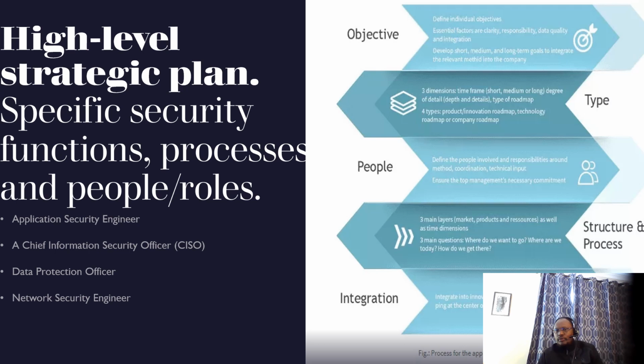The key elements required are the roles, and they include the application security engineer, the chief information security officer, data protection officer, network security, and they are the people who will be engaged in the process of helping the organization secure its systems and allow it to fulfill its security goals.